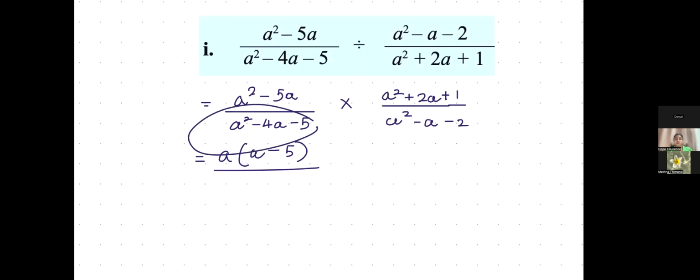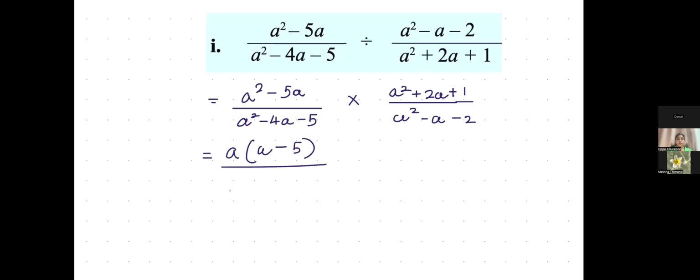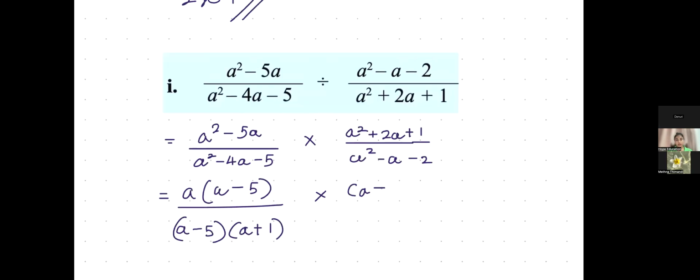You can factorize. You will get a minus 5, a plus 1. Then here we get a plus 1 squared.